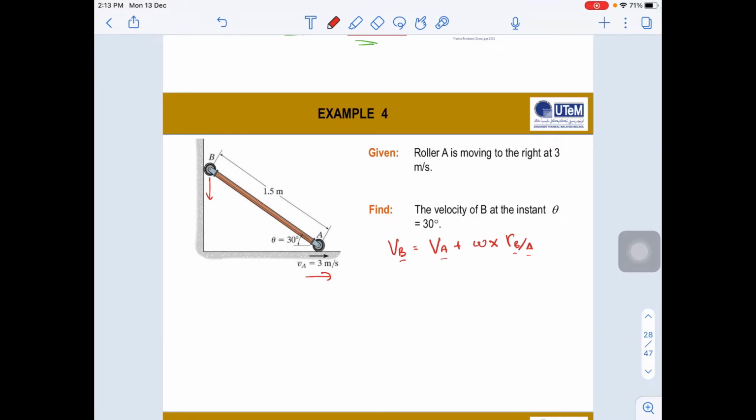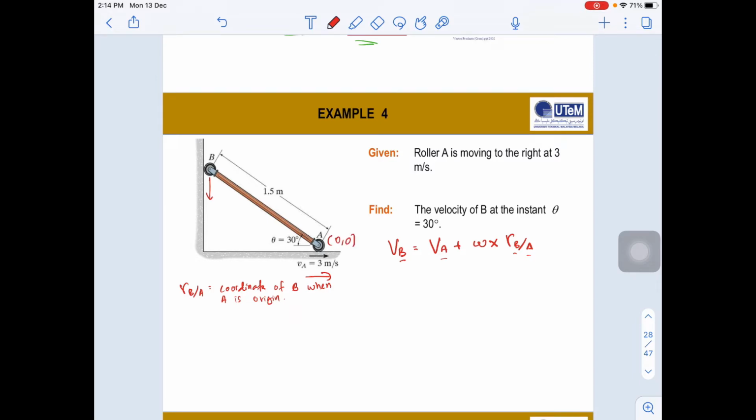What is RB/A? RB/A means the coordinate of B when A is the origin, so A is 0, 0.